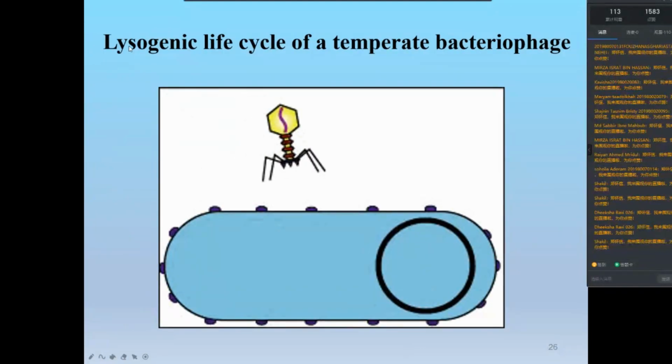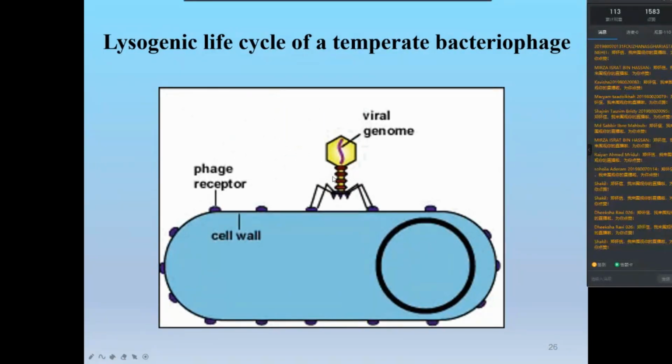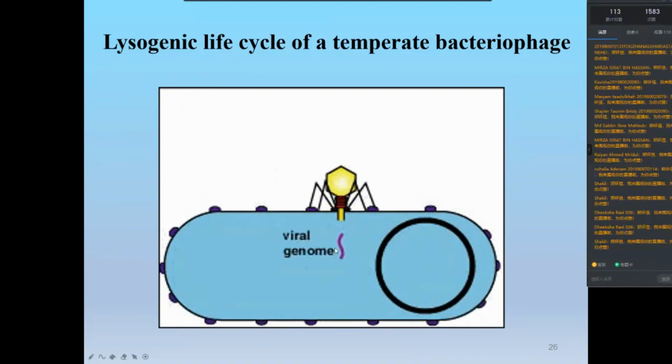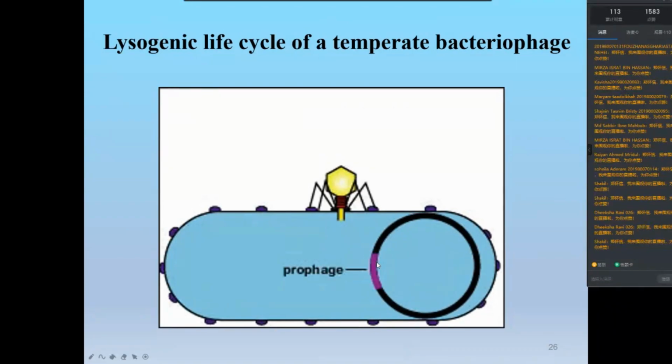Here's the procedure, the lysogenic life cycle. Okay, first absorption and then penetration. The genome will be injected into the host cell. And there, the viral genome will form double-stranded and then insert into the bacterial DNA. And this we call prophage.